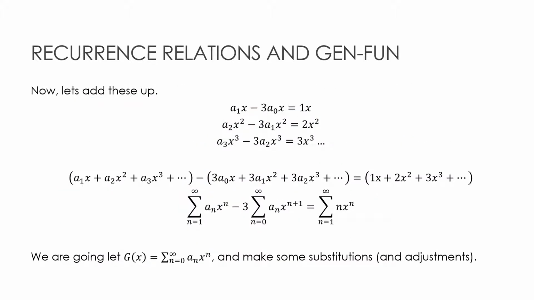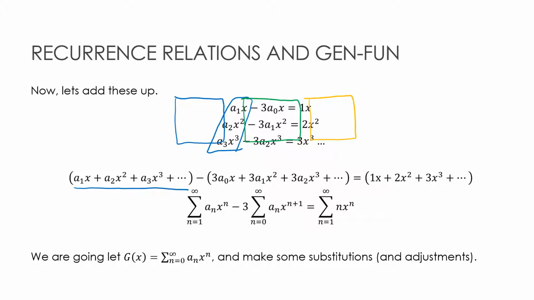What I'm going to do next is add these up. And we looked at this before, and it was kind of nice because things canceled out. That's not what we have, unfortunately, in this case. So I'm really just going to combine all of these terms, and that can be written here as a sub 1 x plus a sub 2 x squared plus a sub 3 x cubed, etc. It goes on forever.